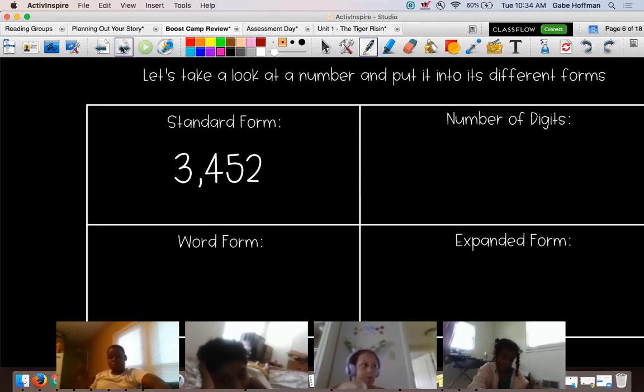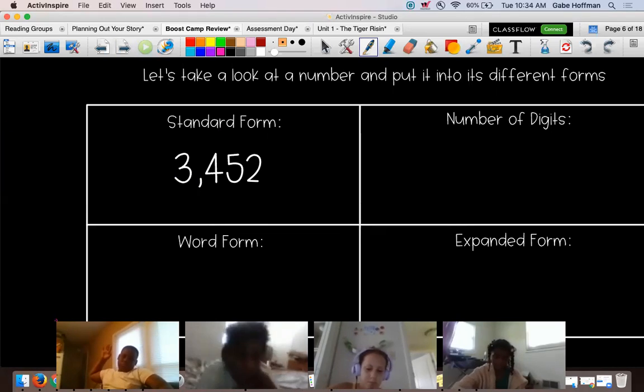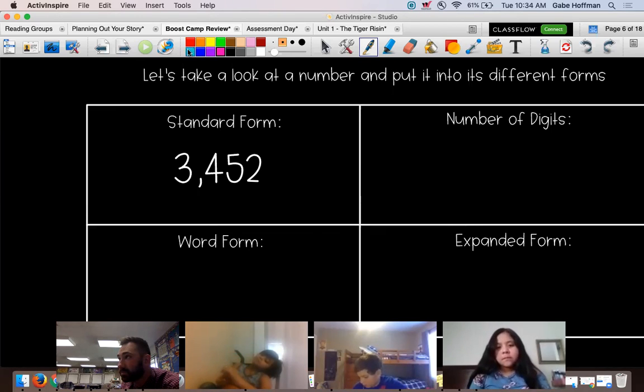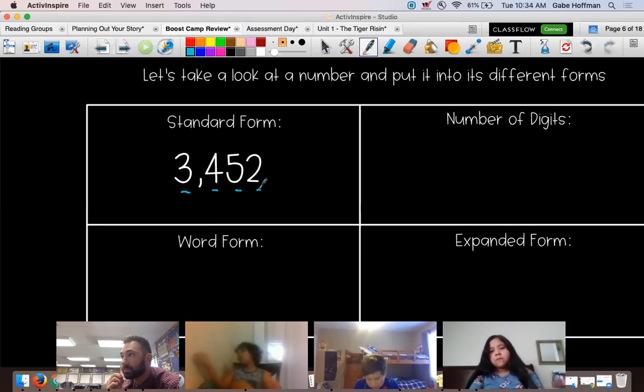Raise your hand, who can tell me how many digits are in this number? Michael. 4. Good job. So we have 3, 4, 5, and 2. You just counted those up, 1, 2, 3, 4. There are 4 digits in this number.